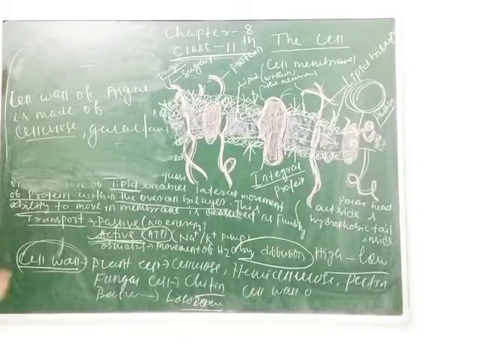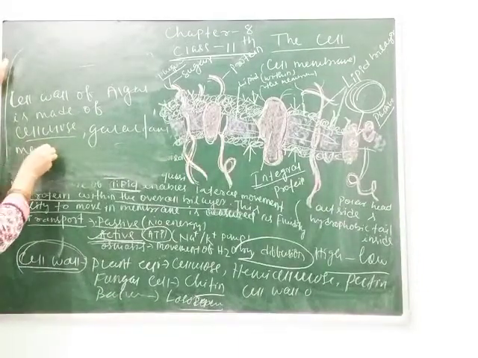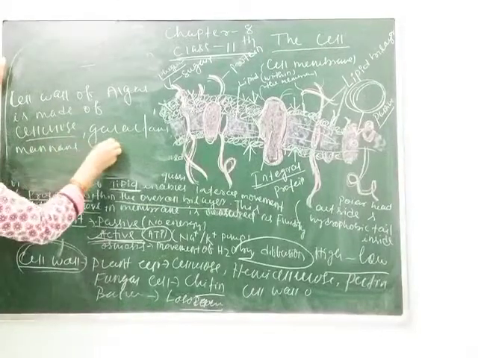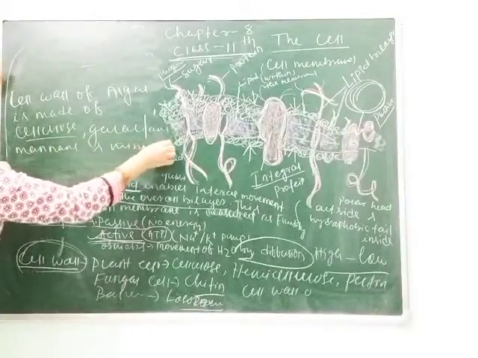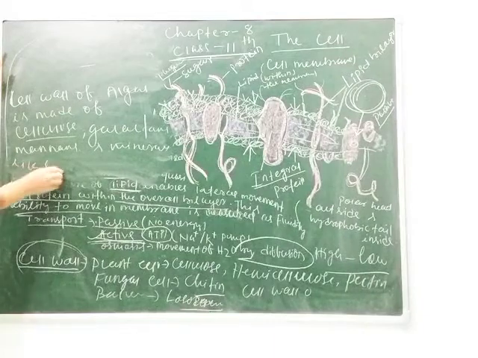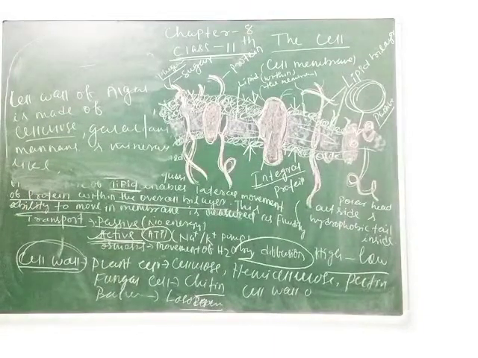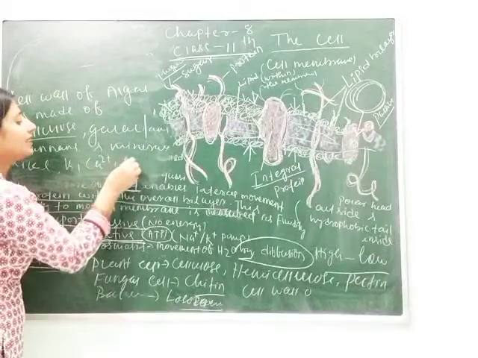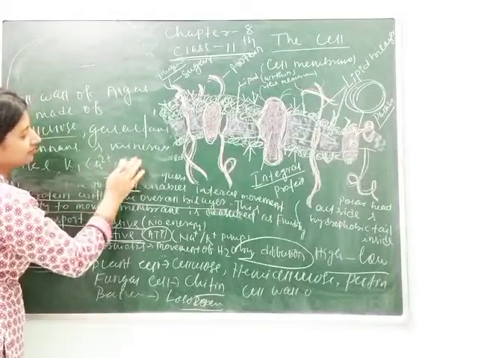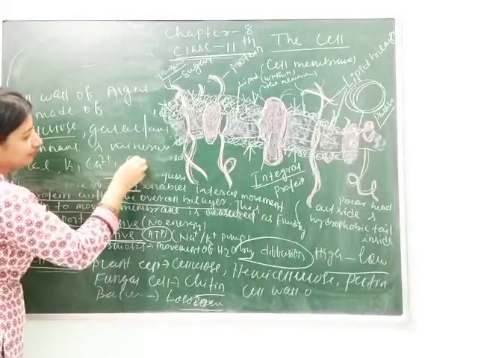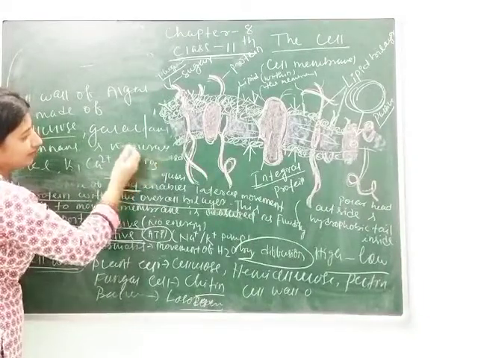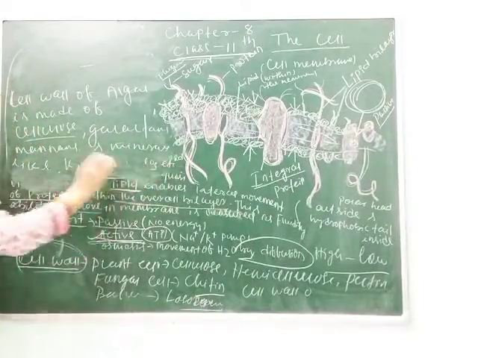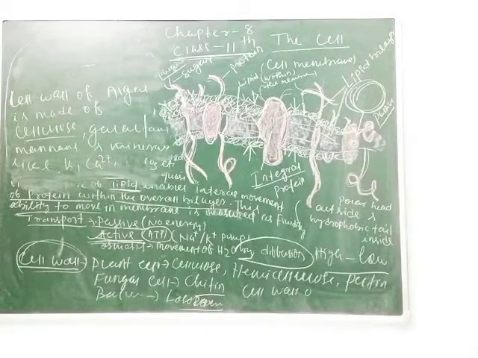Then mannans and minerals like potassium, calcium and carbonate, etc. Clear, students? So this is the cell wall of algae.